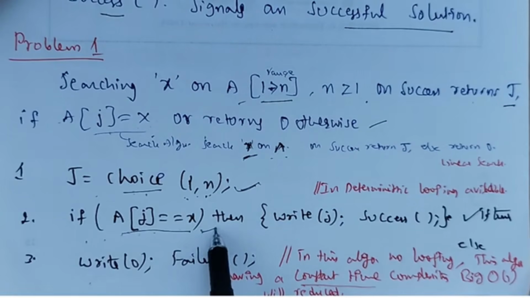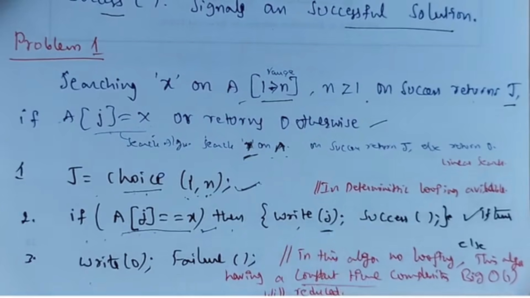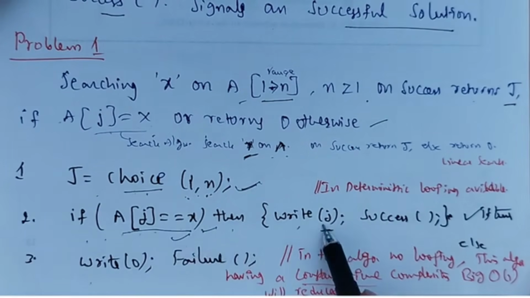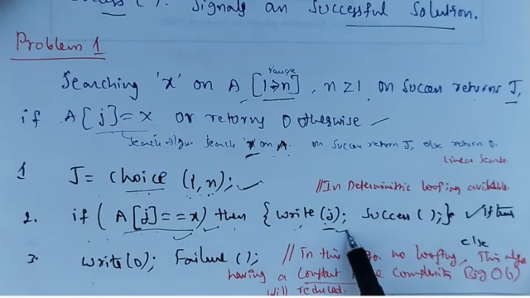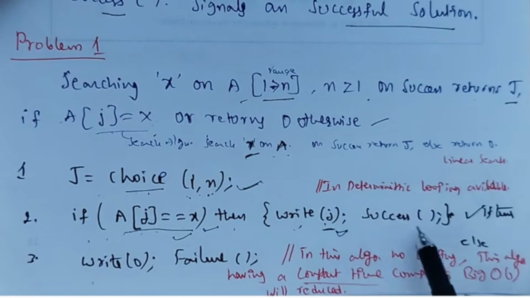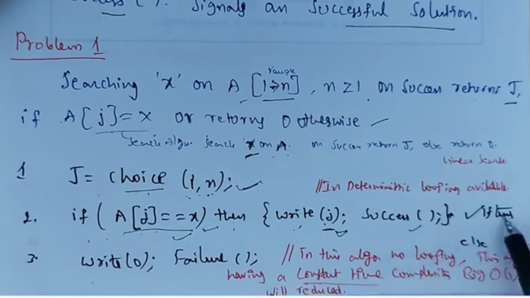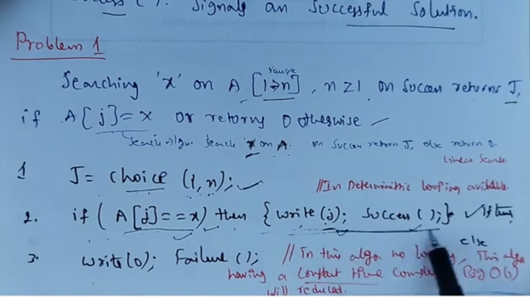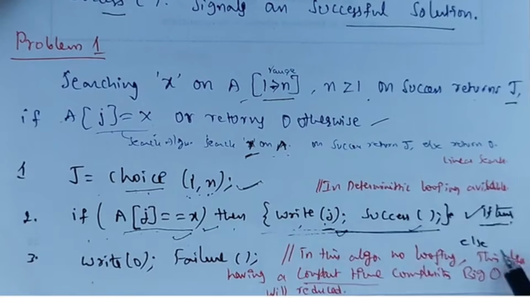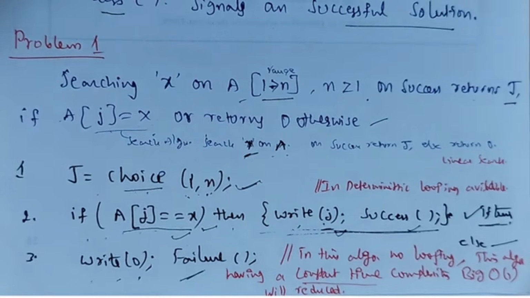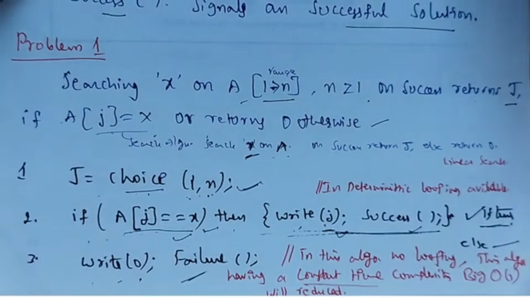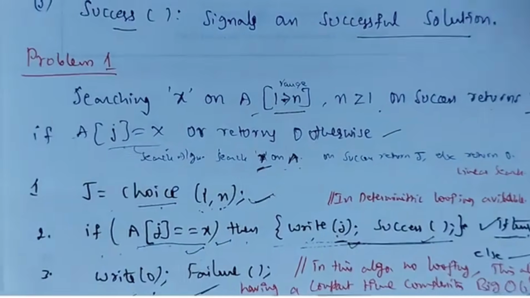If the condition is true, then j is found, so write j, which prints the output j, and success is signalled. Else, write 0, which is the failure message. It is a very simple non-deterministic algorithm.